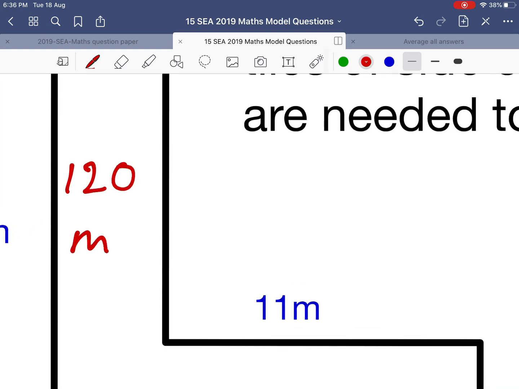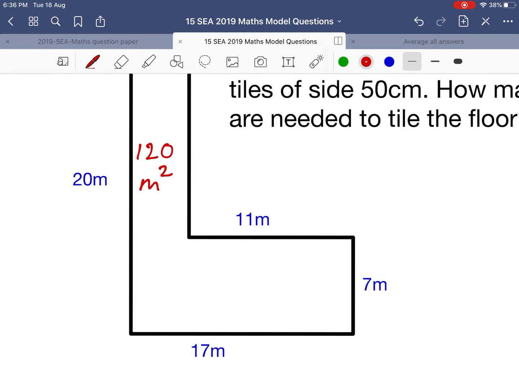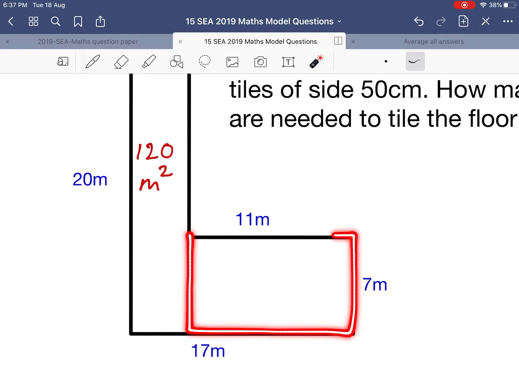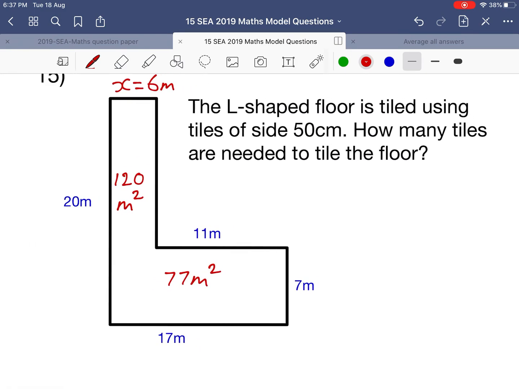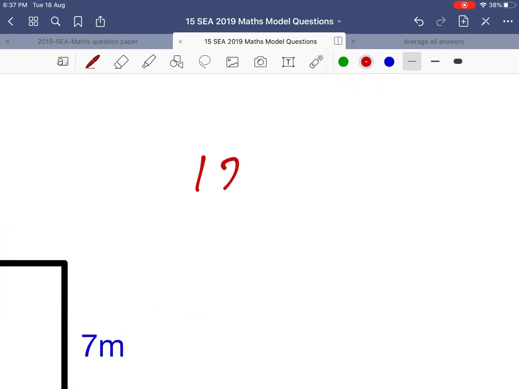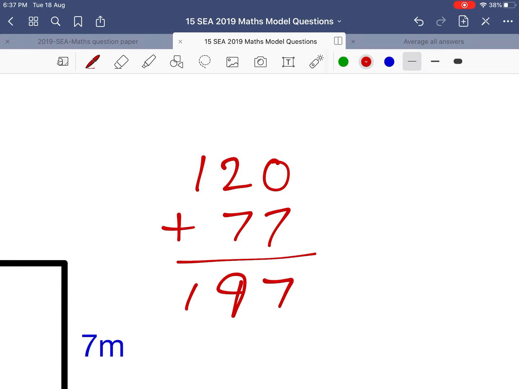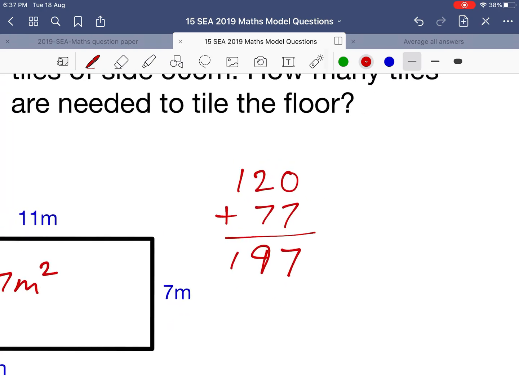This is 120 meters squared. The area of this next part here would be 11 the length times 7 the width, which is 77 meters squared. Now if we add these together, we will get 197 meters squared.